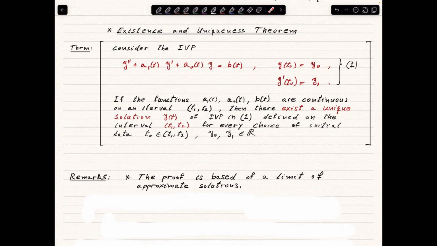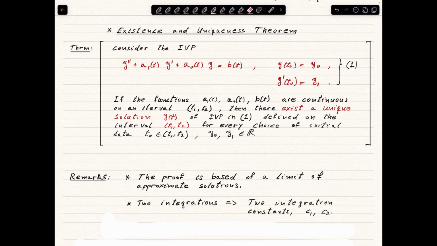Well, the Euler method can also be constructed for second order linear differential equations, and that method creates a sequence of approximate solutions, and if done properly, those solutions can be used to prove this statement here. And this is not the only approximation method, but it is the one we have seen, and it can be used to prove the theorem.